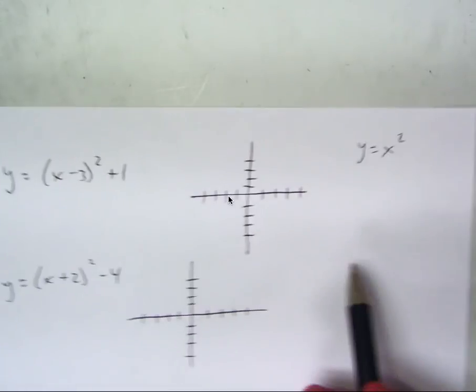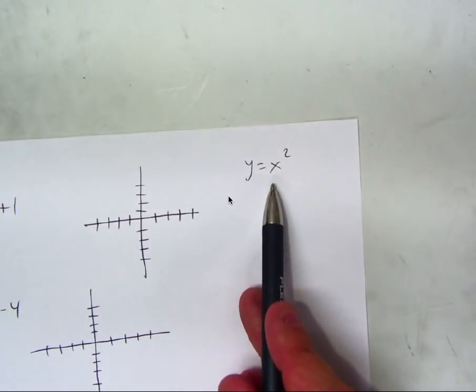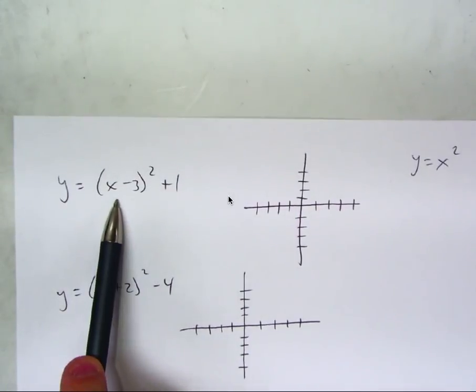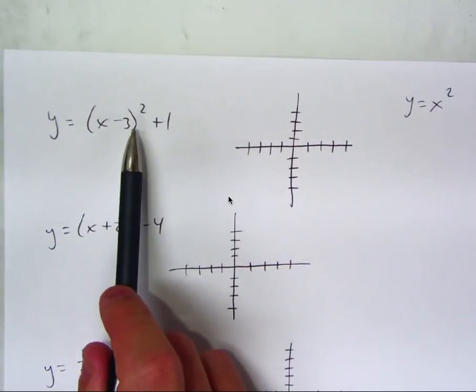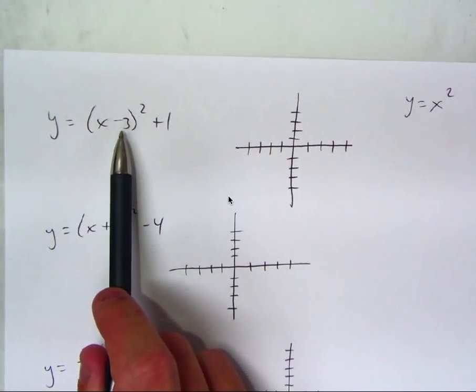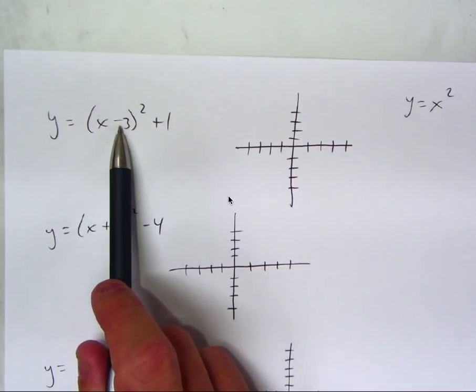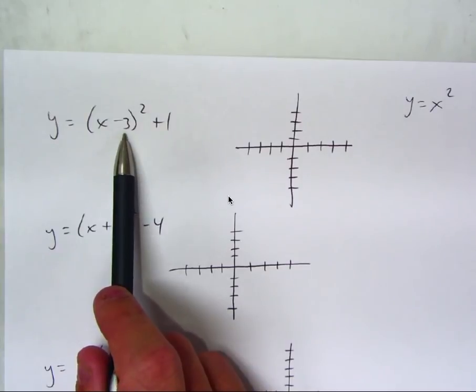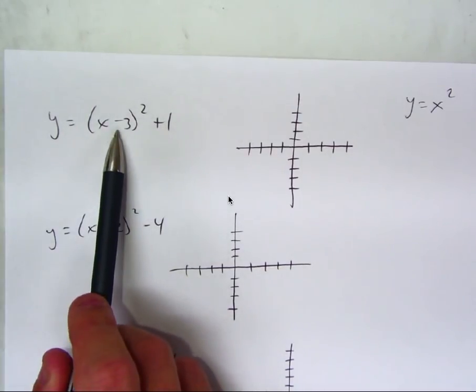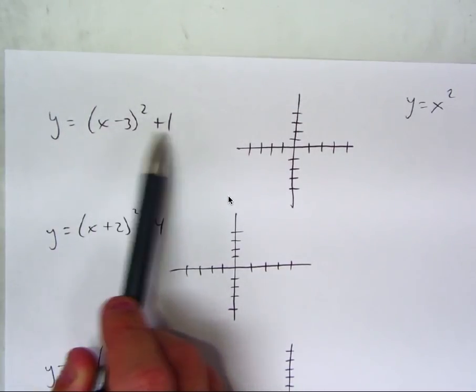Then we talked about the idea of taking a quadratic or any parent function and shifting. Again, you don't need to write this, I just want to refresh your memories. If we have an inside change, remember that this is going to shift your graph the opposite of this number horizontally this many units, which means this parabola would shift to the right 3 units and up 1 unit.